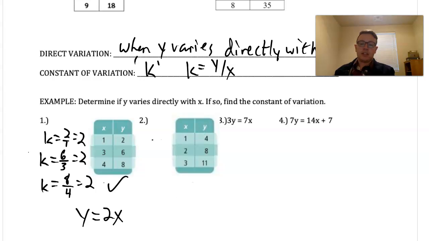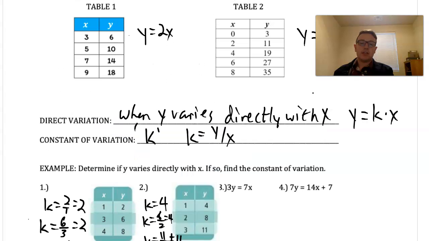What about this one? For this, we'd say k is equal to 4, k is equal to 8 over 2, which is 4, and k is equal to 11 over 3. This is not 4, meaning that this is not a constant of variation. What about this? Well, for this one, we need to get it into y is equal to k times x form.